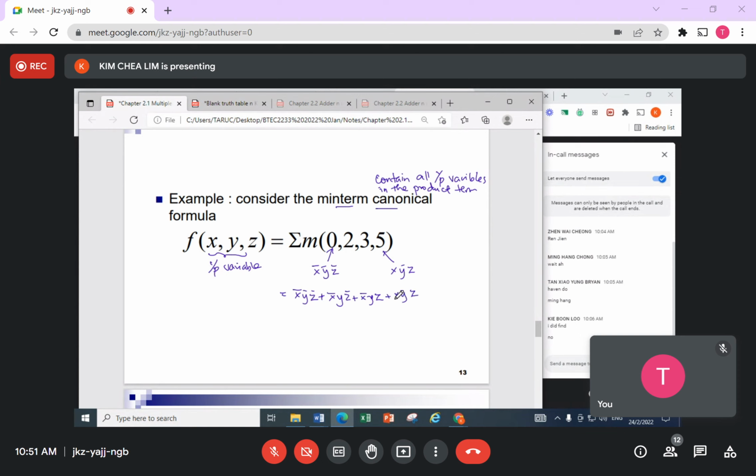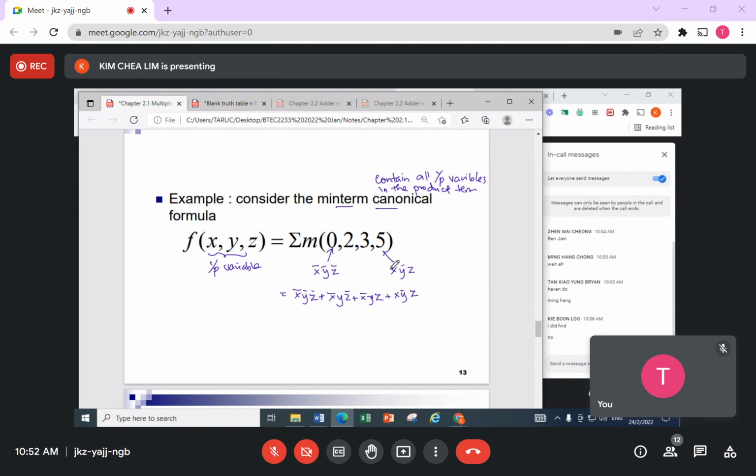This is a 1, this is a 4, this is a 2, and this is 0. So my function can be written in this form. But of course, this one here is more tedious, right? So therefore we write in this form, which we will cover in year 1.